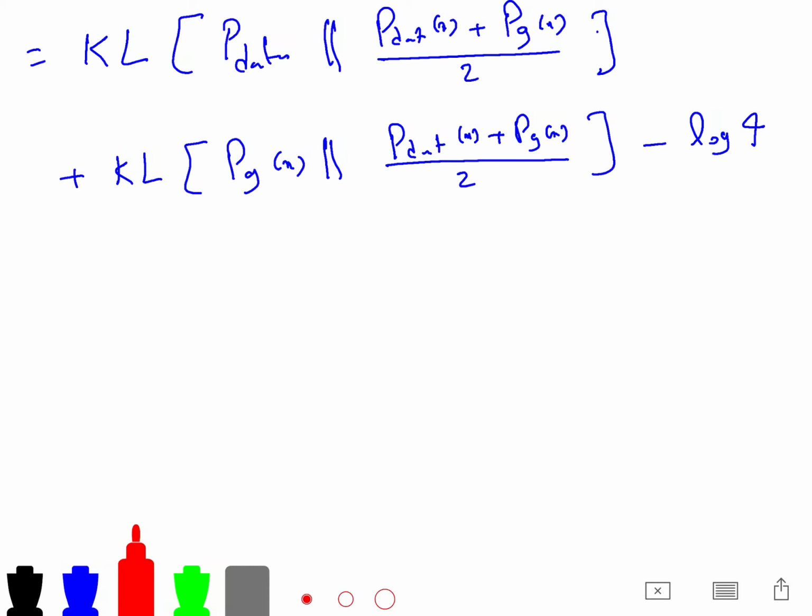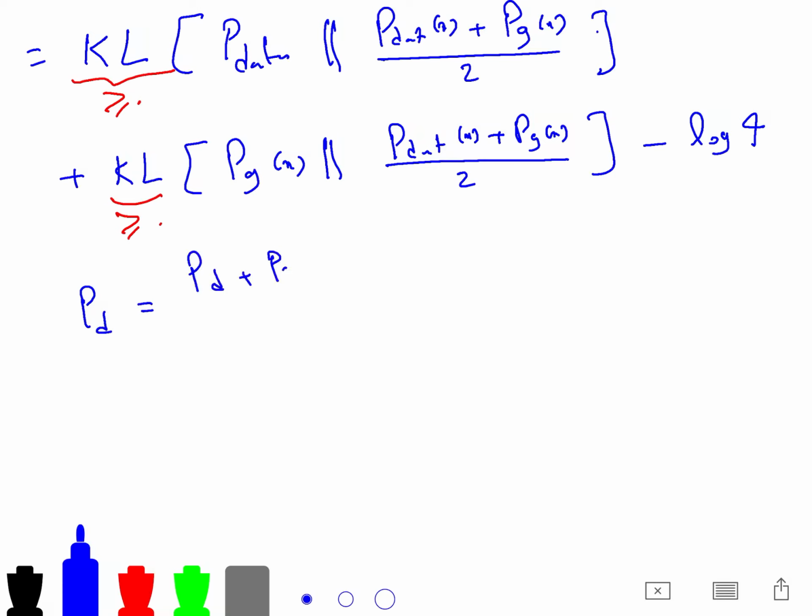And you know that KL divergence is positive. So if you work on this, you may notice that pd is equal to pd plus pg over 2, and pg is equal to pd plus pg over 2.